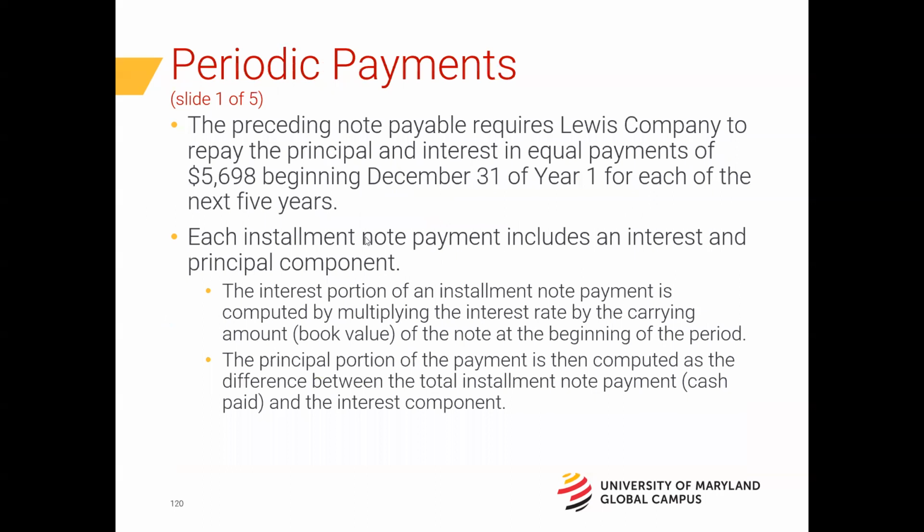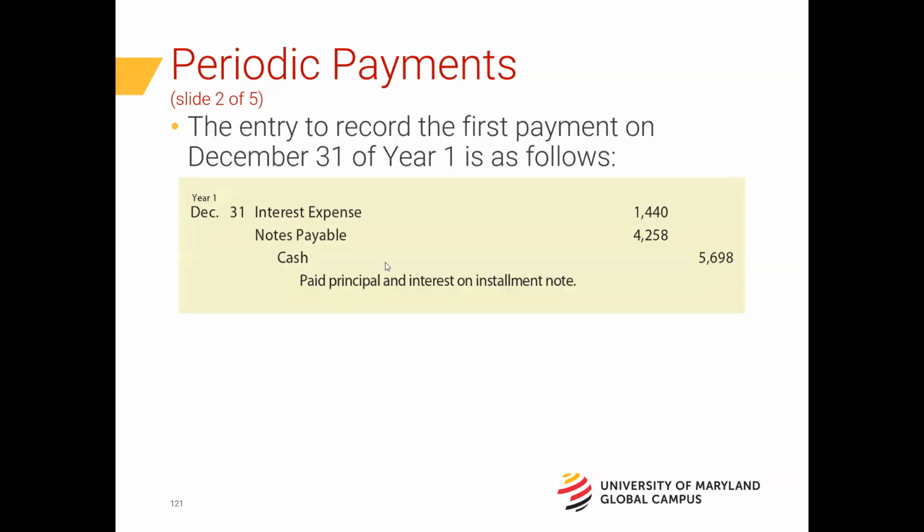And of course, we're going to pay $5,698 over the course of 5 years until the interest and principal are paid in full. So at the end of each year, we make an adjusting entry. We debit interest expense to increase interest expense, debit notes payable to reduce the note payable, and credit cash. And then we make the same entry next year.